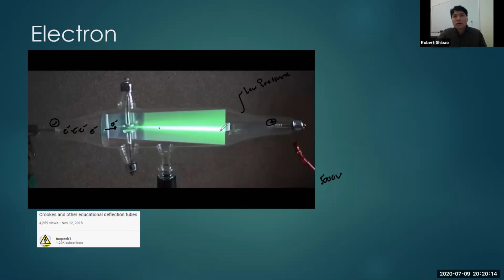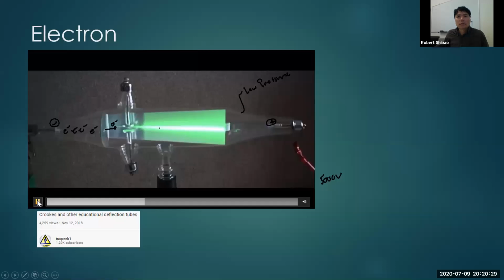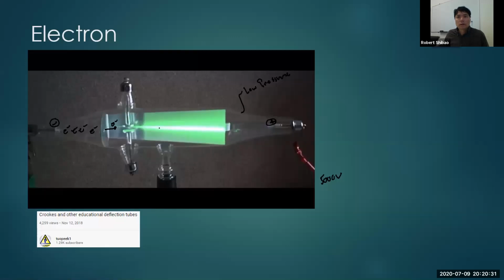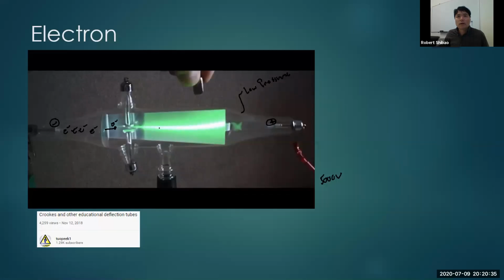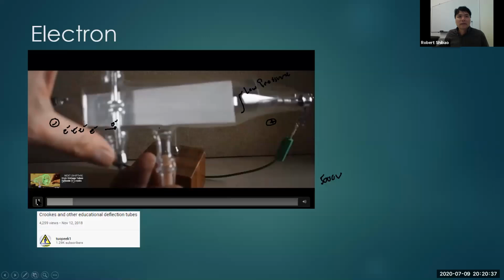Okay, so one thing is they played with the beam. Let's see how they're going to play with the beam here. Okay, shoot.